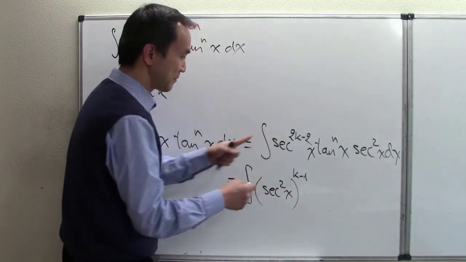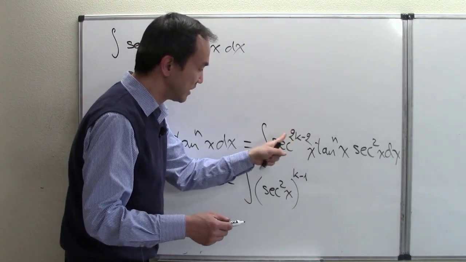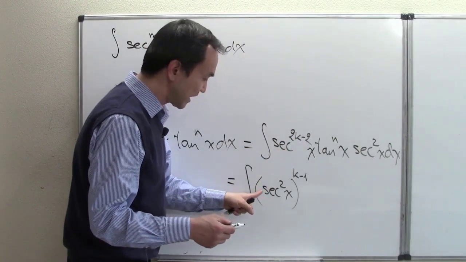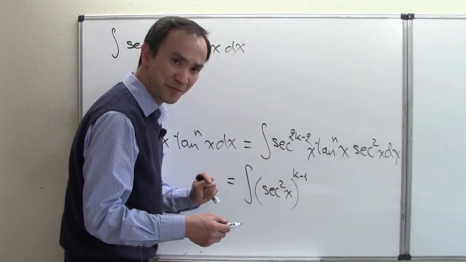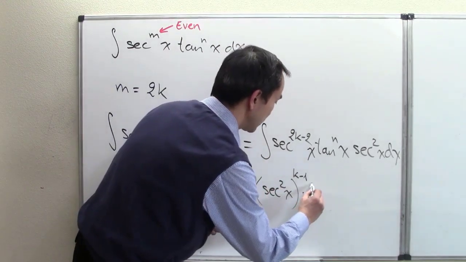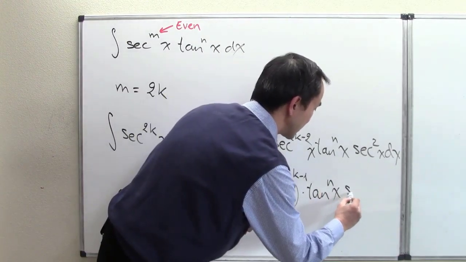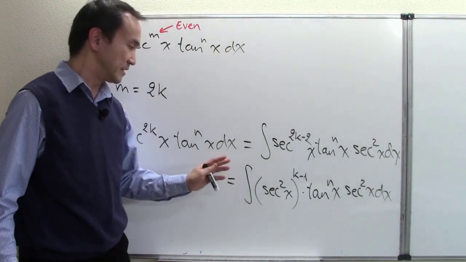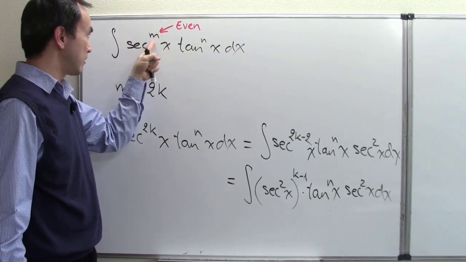Again, after factoring out the common factor 2, it's 2 times in parentheses k minus 1. By the algebraic rule for powers, we're looking at secant squared, overall raised to the power k minus 1. Then of course we multiply with tangent to the power n of x and with secant squared of x dx. That's a generalized method of how we handle the case where secant is to the power m, where m is even.